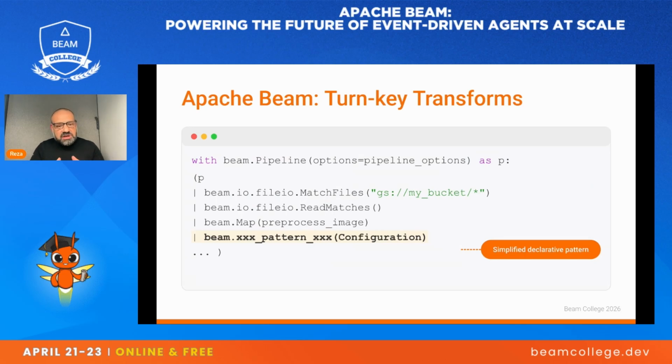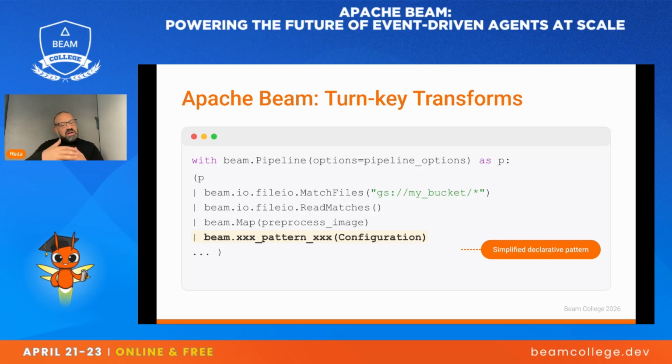So what a turnkey transform is, and the first one was inference, actually it's called RunInference, is a single line of code that you add to your pipeline. And as a developer, you pass in configuration. For example, you pass in where the model is or what kind of model you want to make use of. And then that simple line of code underneath is obviously thousands of lines of code where that model is efficiently being loaded onto the system, and all of the things that we described before are being taken care of for you as a user.